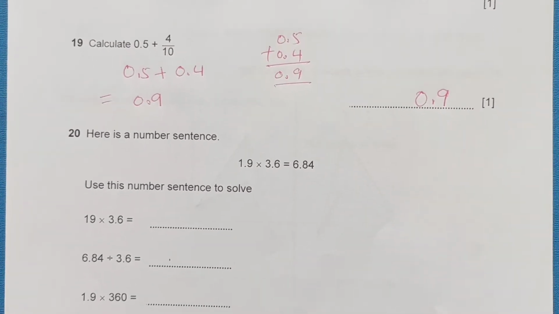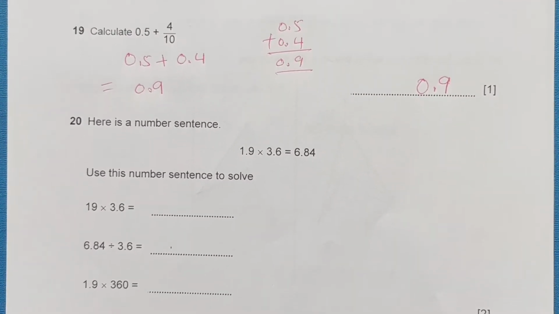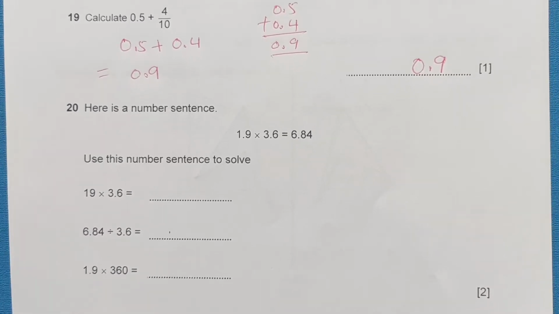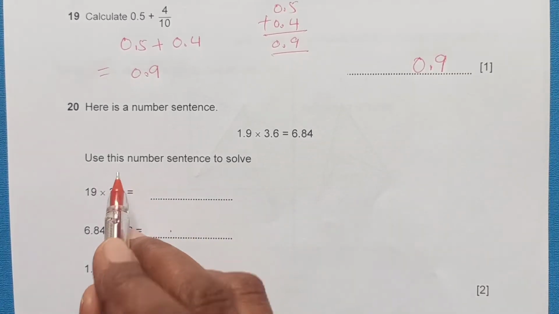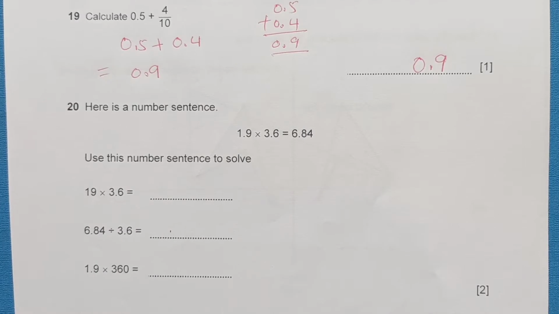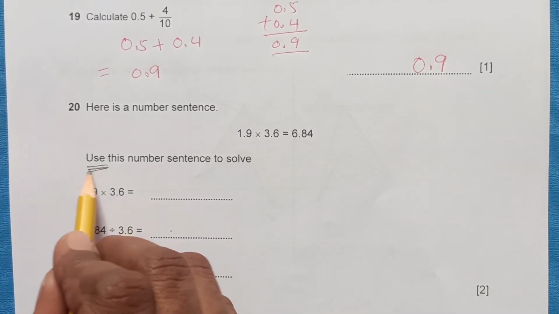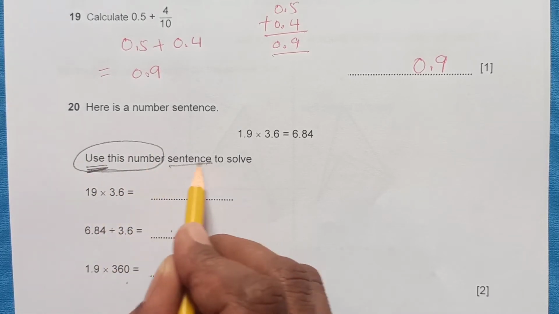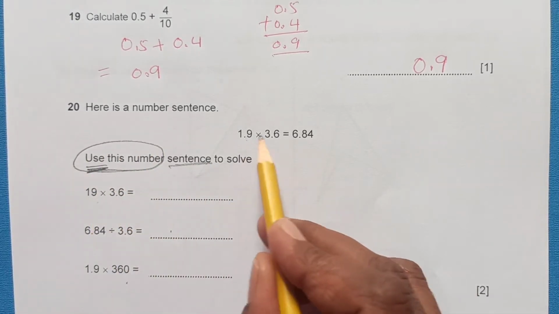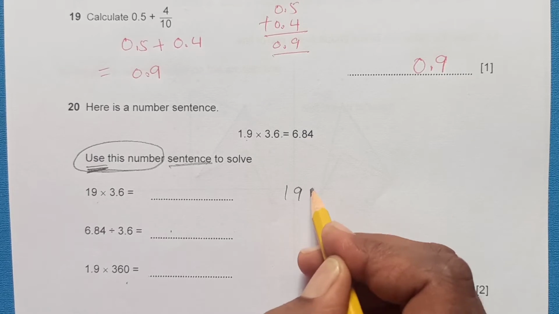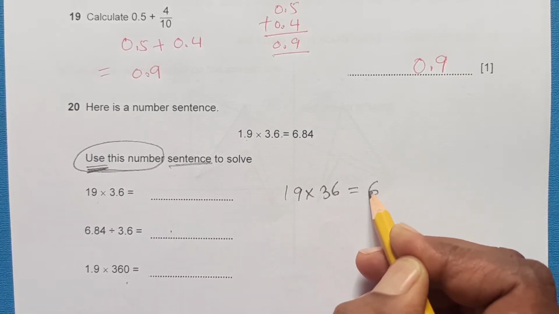Okay, number 20. You are given this number sentence here. Use this number sentence to solve. Now we are not doing the actual calculation. It says use this number sentence. So 19 times 36 is 684.